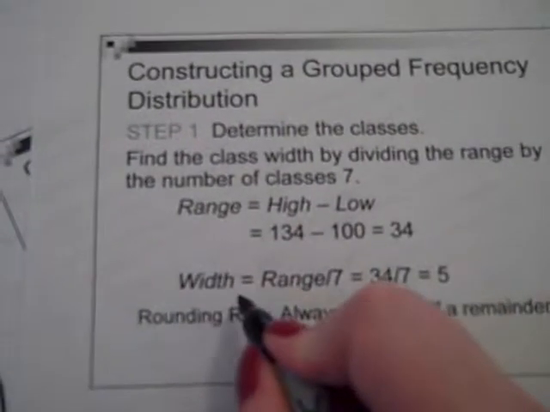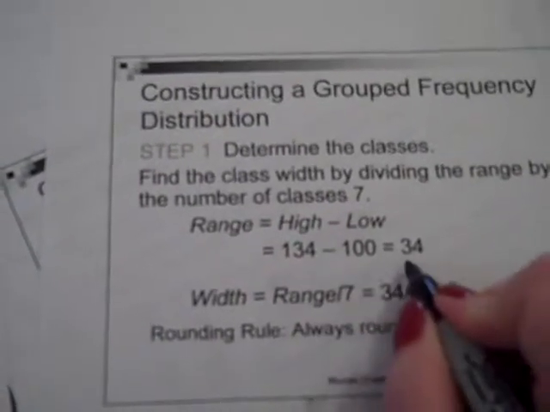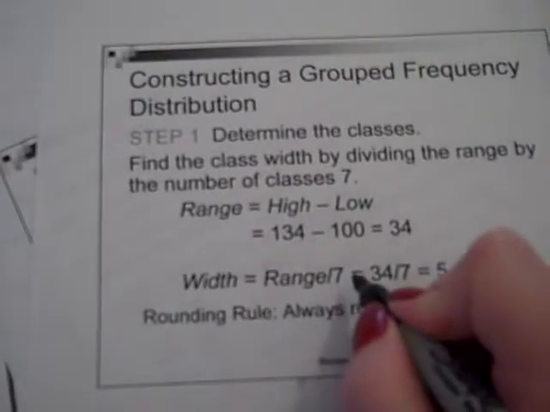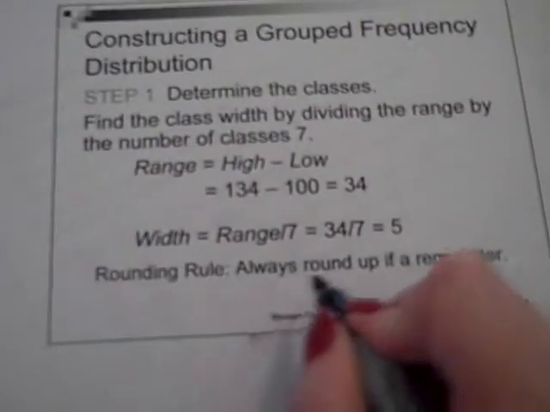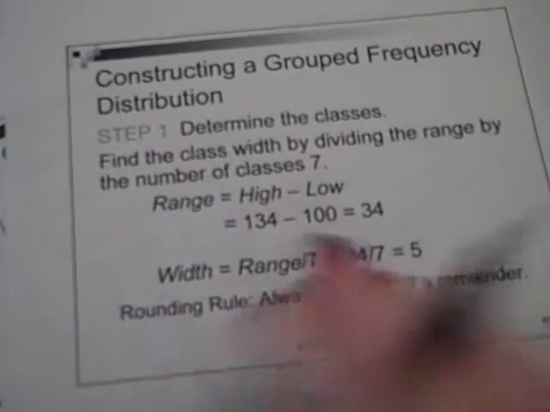To find the width of that data, I would take the range, which is 34, and divide it by 7. Now remembering the rounding rule, which is always round up if there is a remainder, the number would be 5.